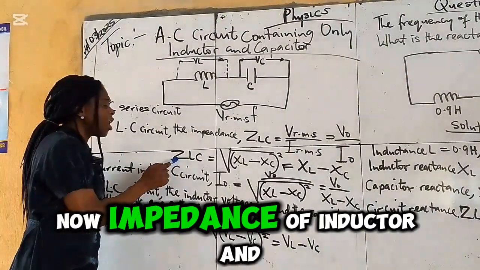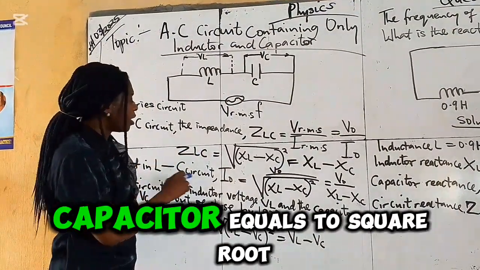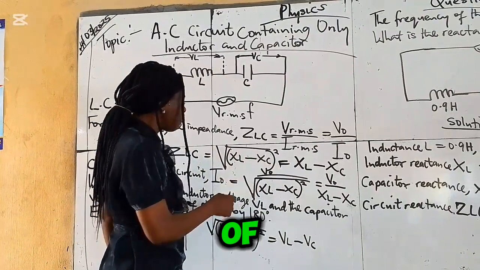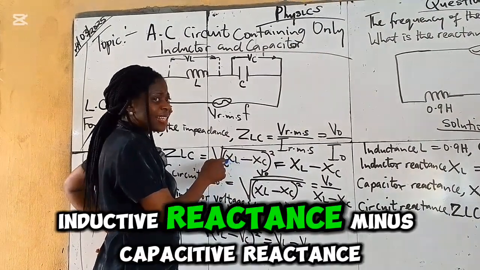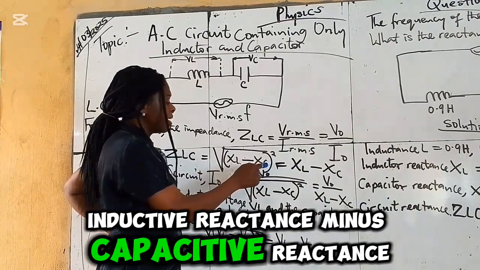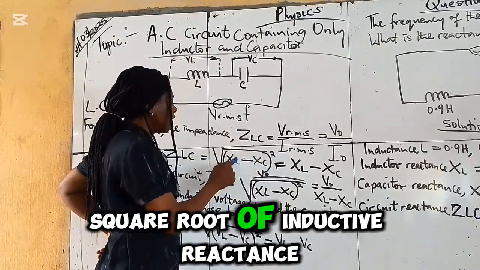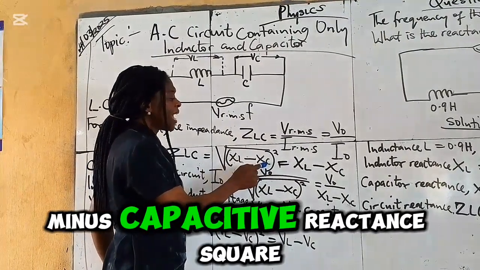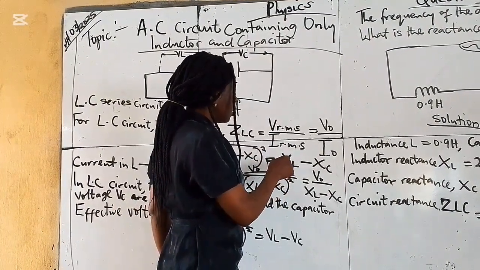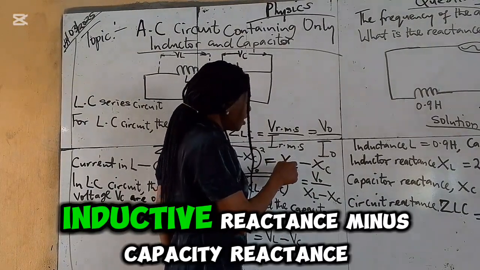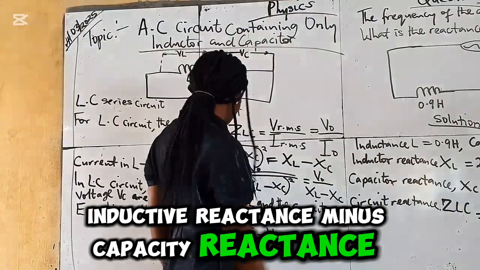Now, the impedance of an inductor and capacitor equals the square root of the inductive reactance minus the capacitive reactance, squared. The square root of the inductive reactance minus the capacitive reactance squared equals the inductive reactance minus the capacitive reactance.